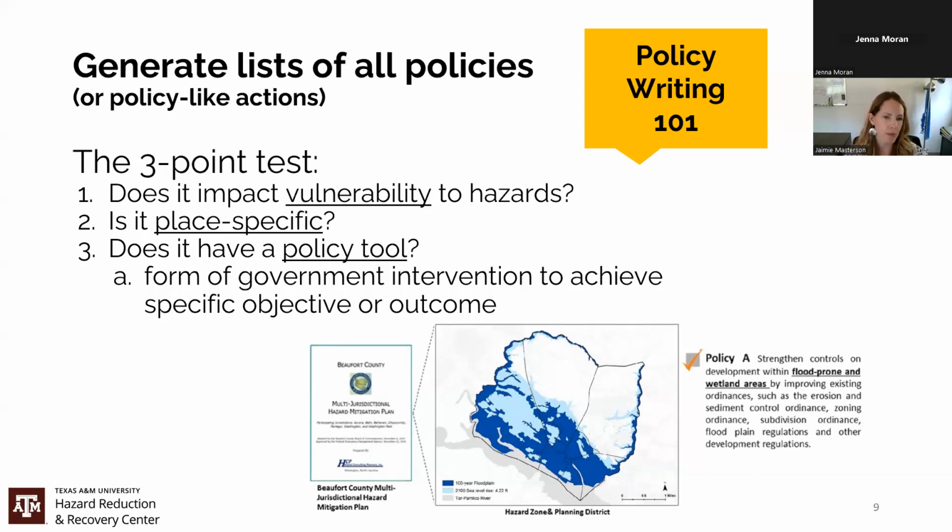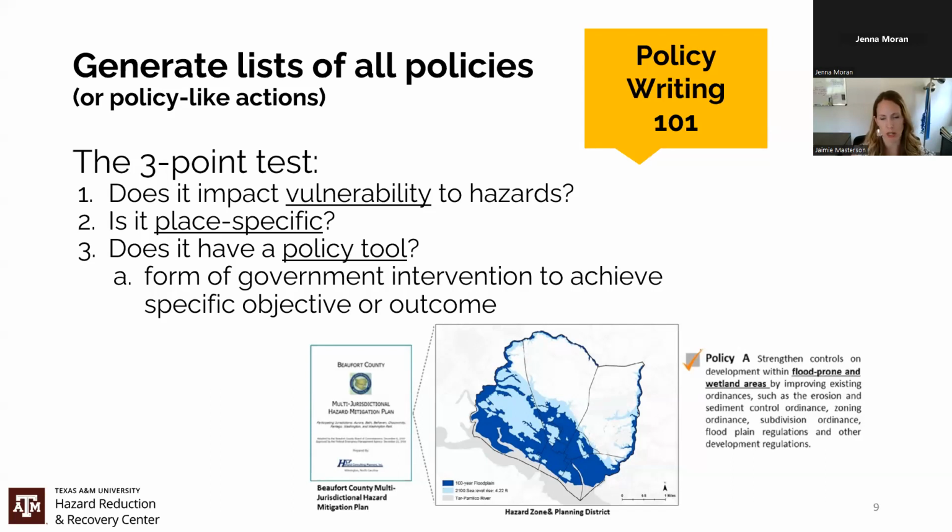And then does it mention or reference or allude to a policy tool? When we say that, that's really any form of government intervention to achieve what you're trying to achieve. We have lots of different examples in the guidebook.